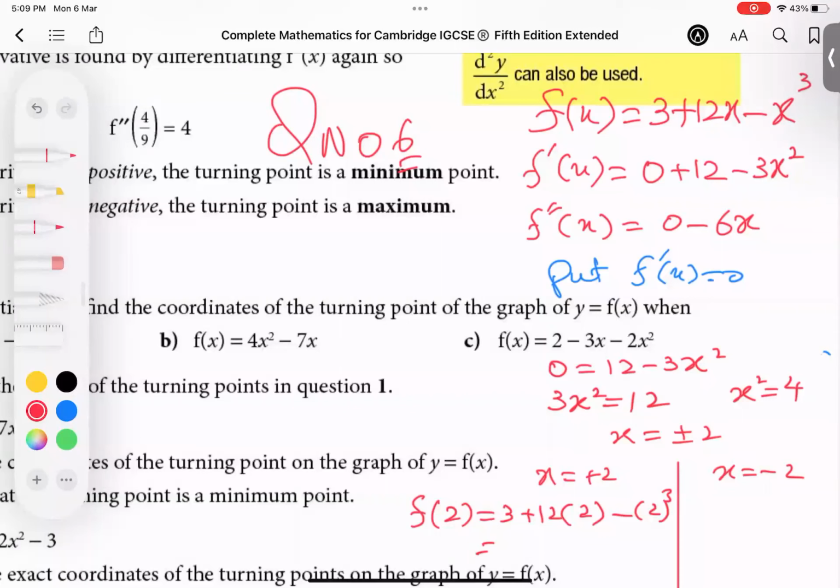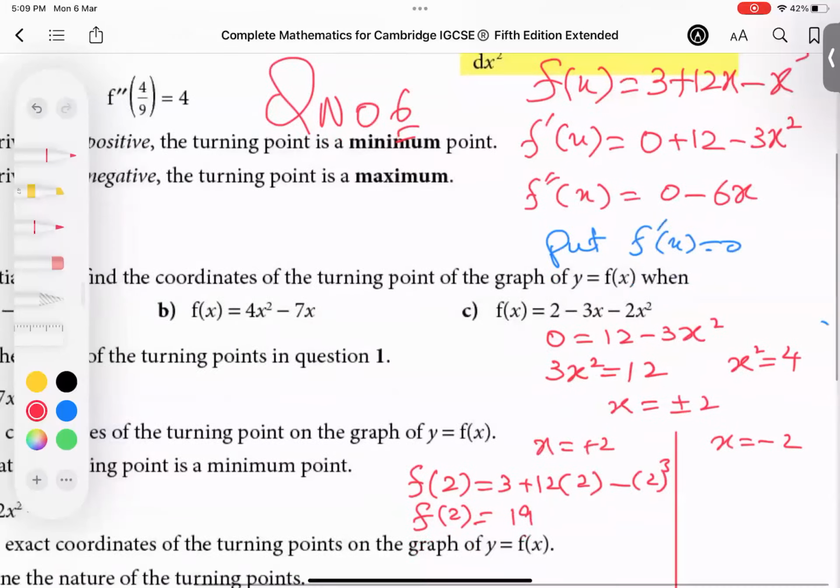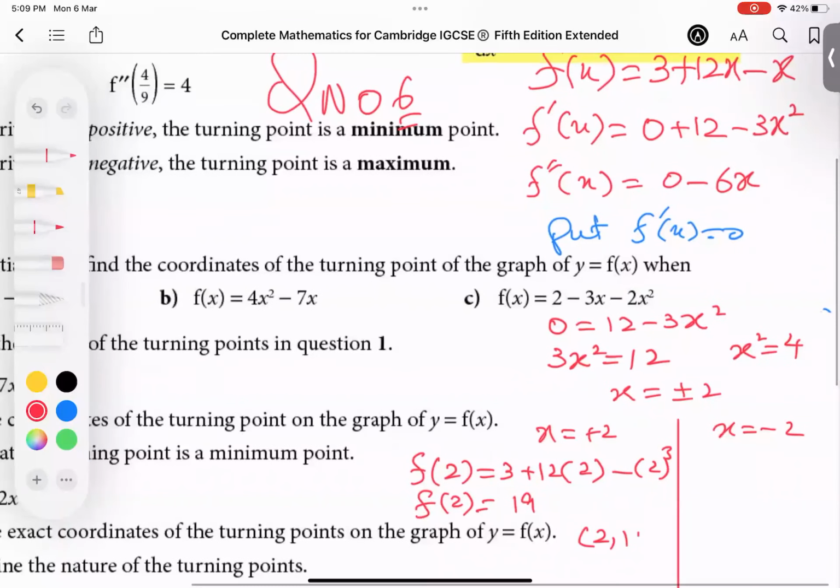And what is the method to do? Simply type in the calculator. So 3 plus 24 minus 8. Answer is coming 19. F of 2 is 19. So it means x is 2, y 19 is the turning point.